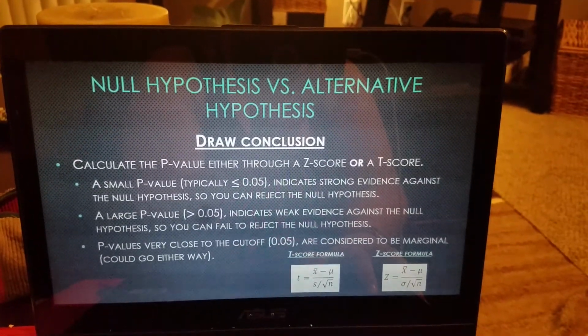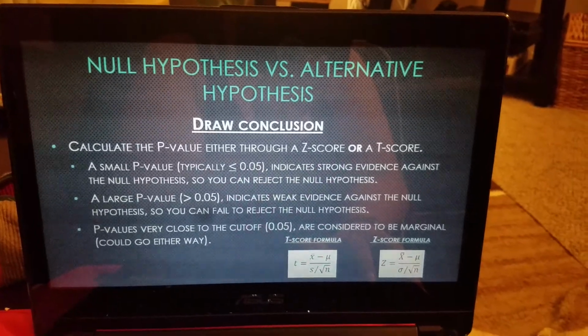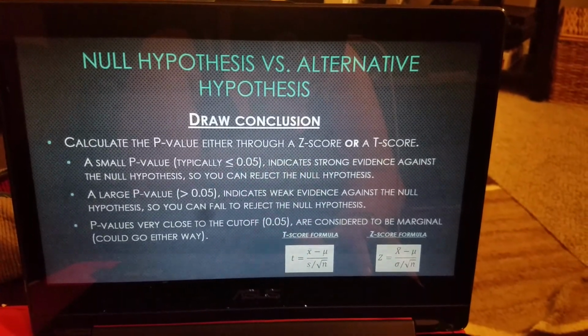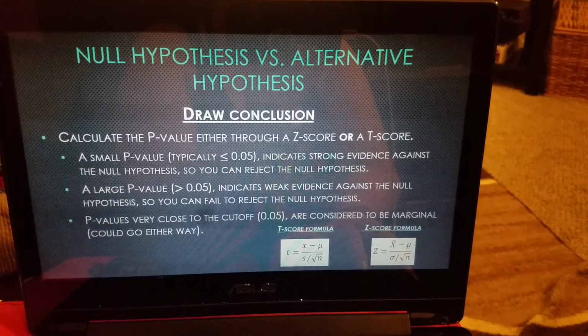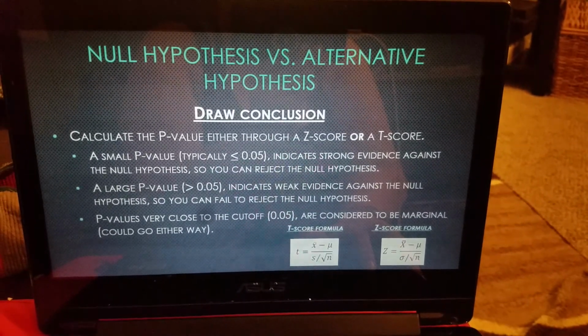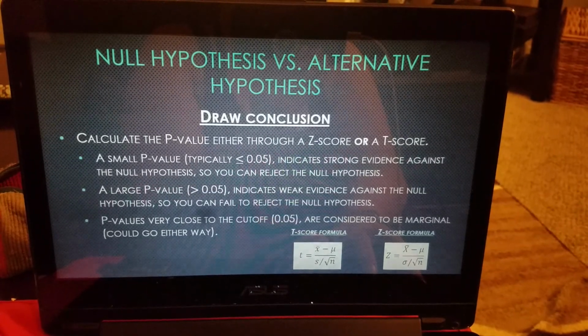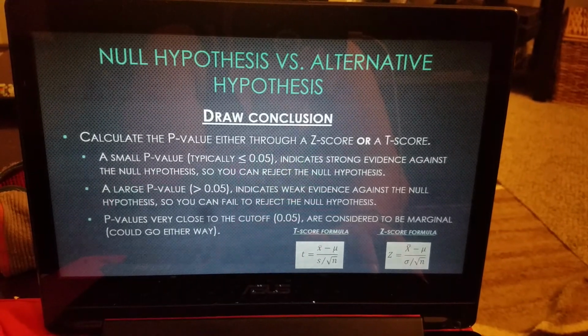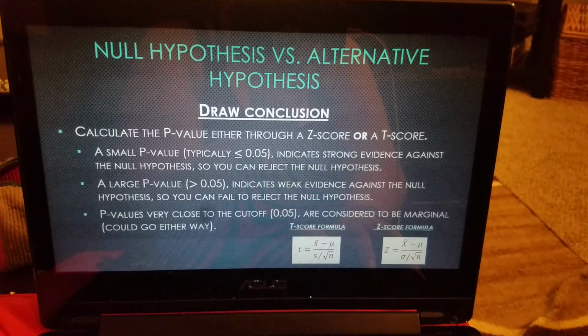Now, how do we draw a conclusion? Well, we draw the conclusion after we calculate the p-value, either through a z or a t-score. A small p-value, typically less than 0.05, indicates strong evidence against the null hypothesis, so we can reject the null hypothesis.